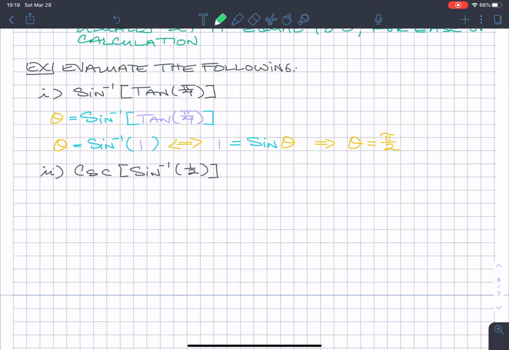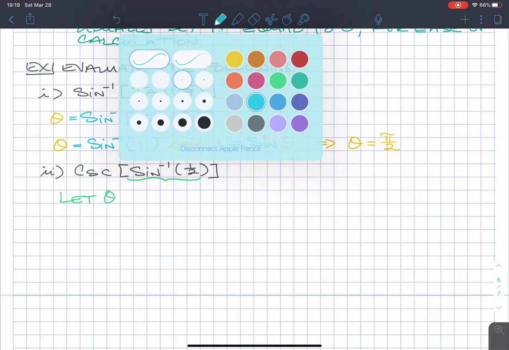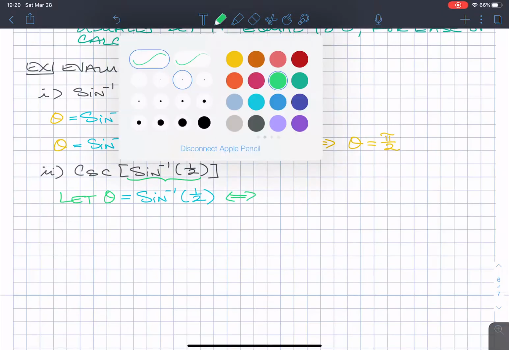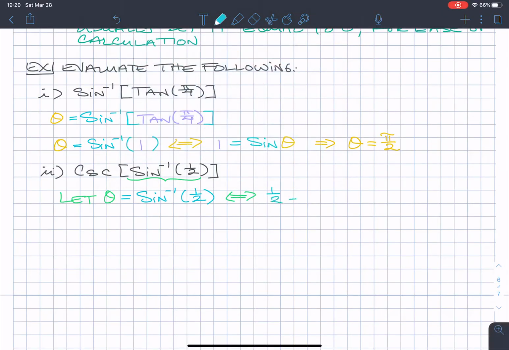So what I'm going to do is focus on the inside, and I'm just going to let theta be equal to inverse sine of 1/2, because that's equivalent to saying 1/2 is equal to regular sine of theta. Okay, well that means that the angle theta must be pi over 6, because that's the allowable region.